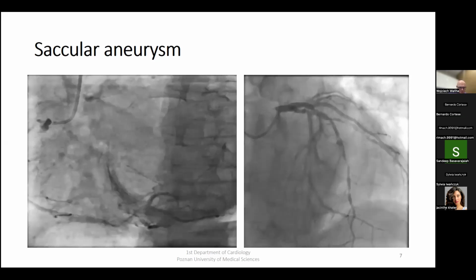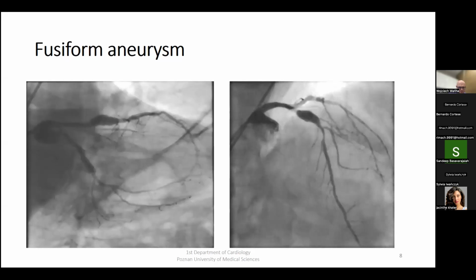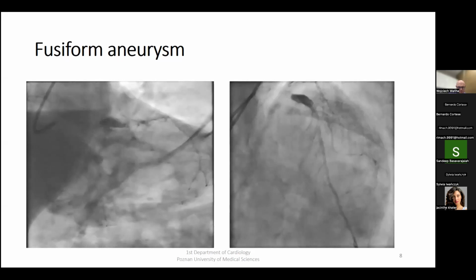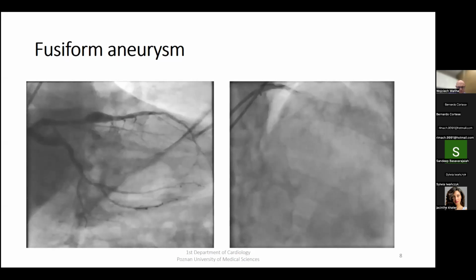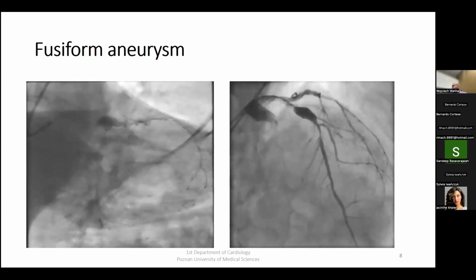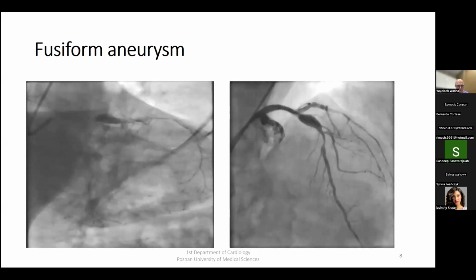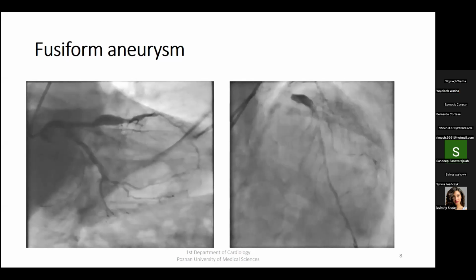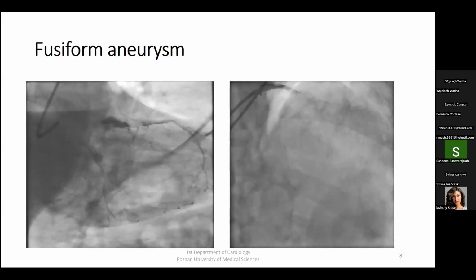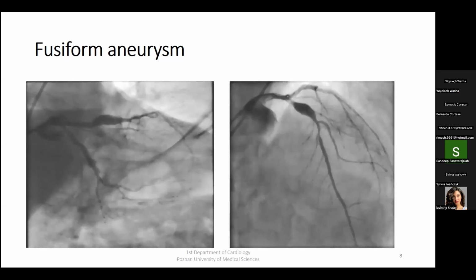Okay, this is another example of fusiform aneurysm in the proximal and mid segment of LAD. We can observe the slow flow of contrast inside the aneurysm. So there is a turbulent flow.